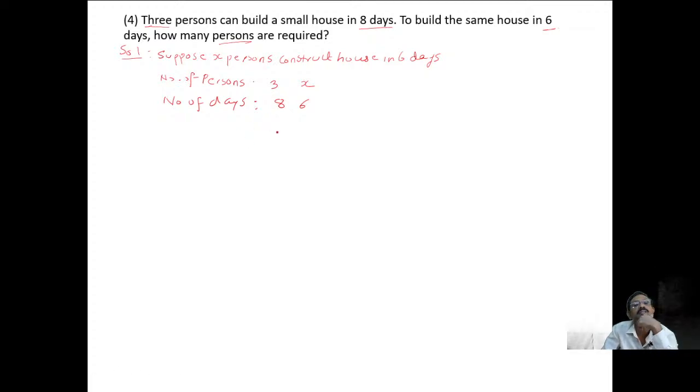Now, if you look at this example, the number of days and the number of persons, this is an example of an inverse proportion. Therefore, it is an inverse proportion.